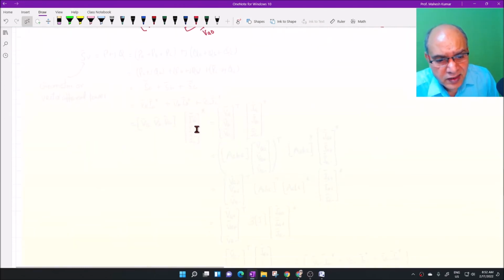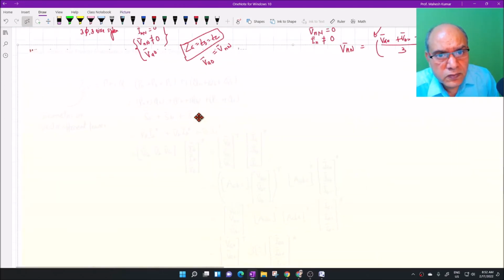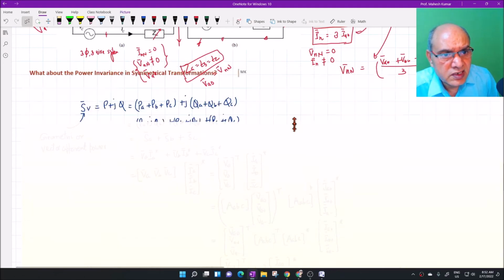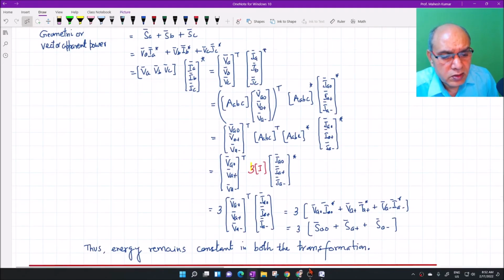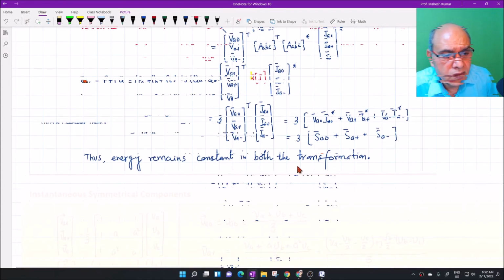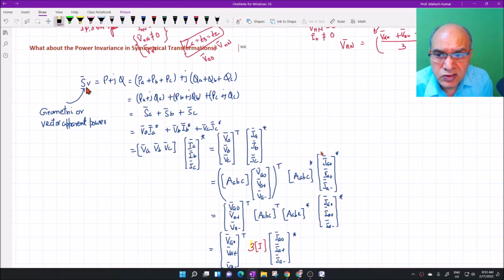Now in the same line, we can prove that the energy is constant for both the ABC and the BC transform. I describe this power as the geometric or vector apparent power. What is geometric apparent power? It is nothing but P plus JQ, which I have described in the previous class.